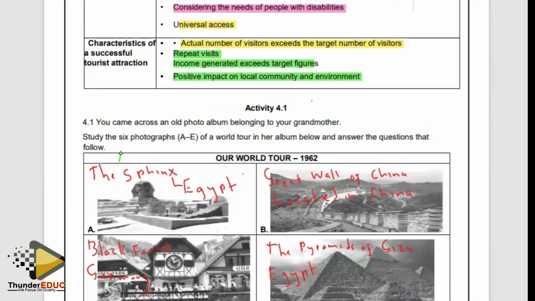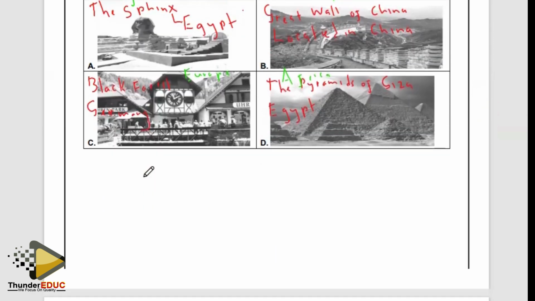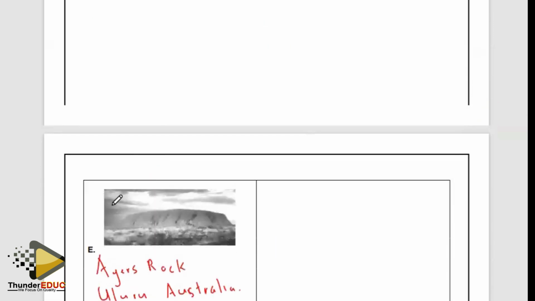All right, so this one is located in Africa. Then this one, Asia. The next one, Europe. Then the Great Pyramids, it's Africa again. Then the last one is Australia.